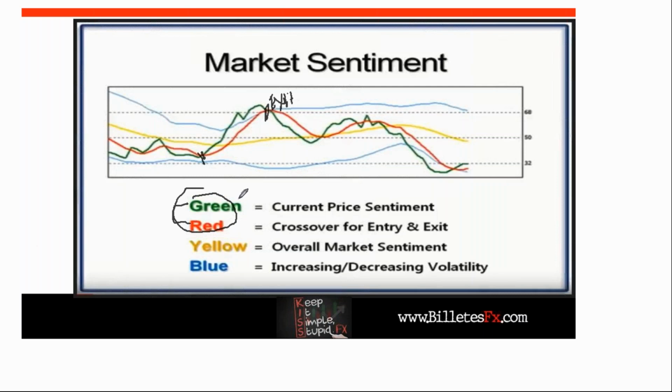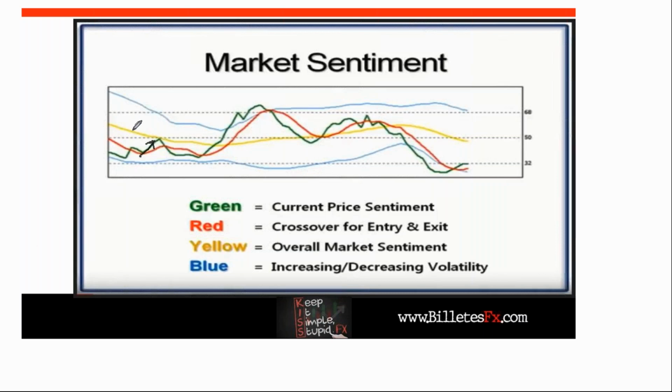That's very key. The yellow line, which is this one here, that's the overall market sentiment. For the long haul, what is price going to be doing? What does it look like it's doing? For instance, look right here. Current price is going up.